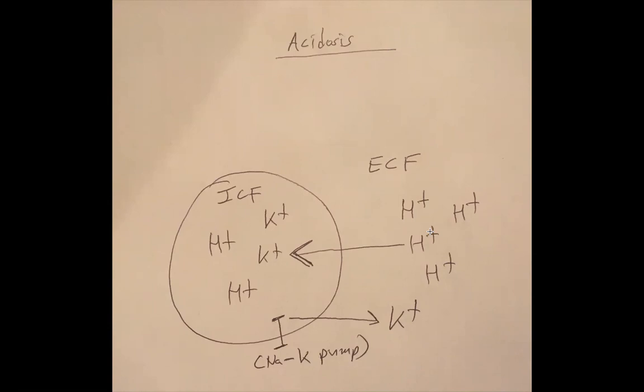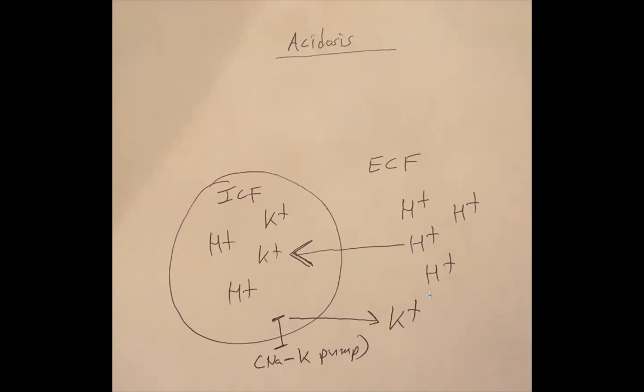If they're able to do that, they will. So where you have lots of hydrogen outside in the extracellular fluid, it's going to want to flow to areas where there are less of itself, lower concentrations of itself. So it will naturally start to flow into the intracellular fluid.